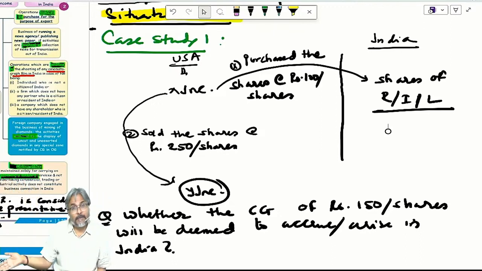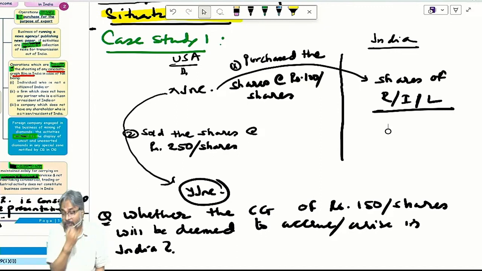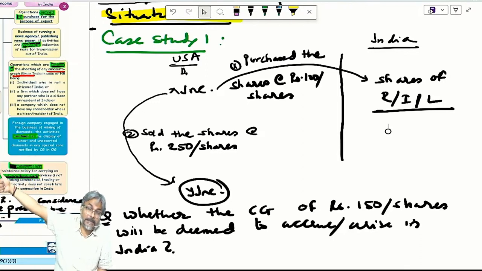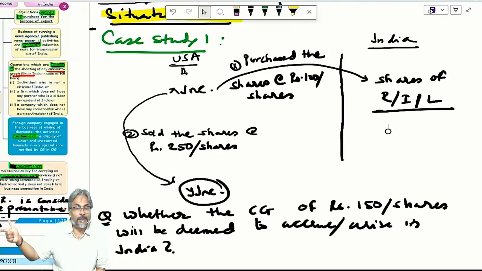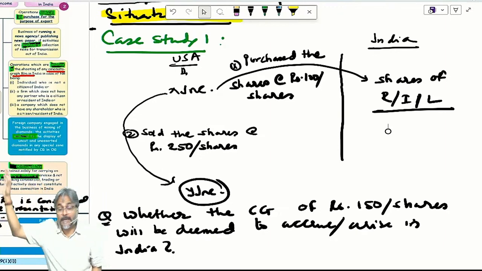Therefore, irrespective of where the transaction of this transfer has taken place, because the transaction has taken place in USA, and irrespective of who is the transferor and the transferee to the transaction, we will say and conclude that the transfer of the capital asset, being the shares of an Indian company, will result into a capital gain which is deemed to accrue or arise in India.